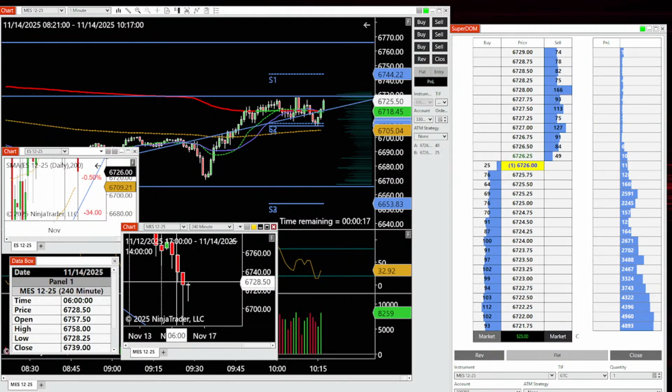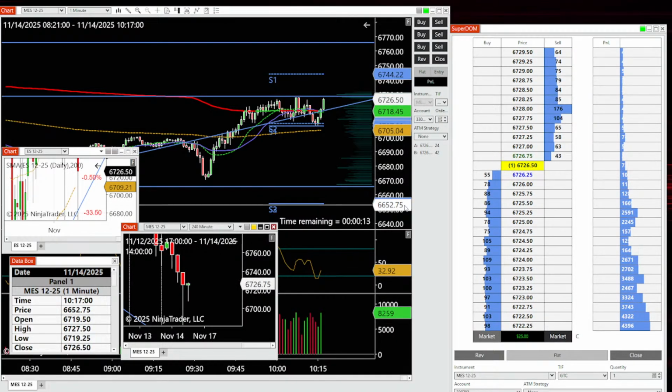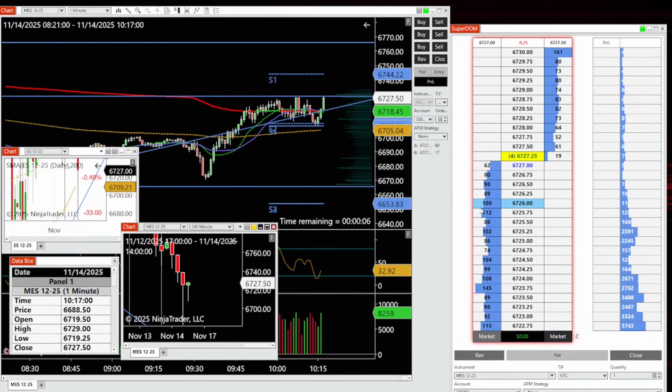The low on here is 28.25. The high is 38. So we got 28. We got 44 here.